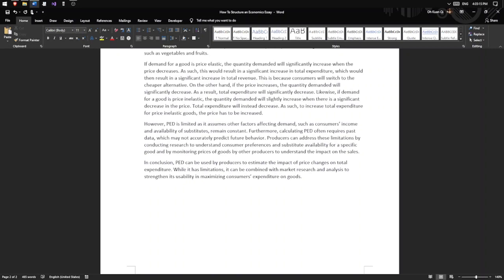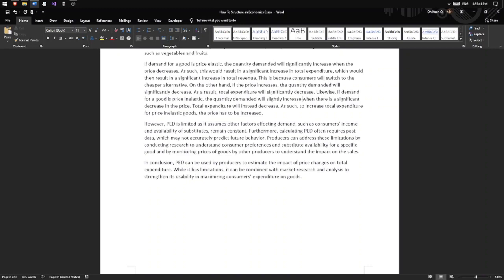Because for price inelastic goods, let's say for example there is a 25% decrease in price, there's only, let's say, a 10% increase in the quantity demanded, and because of this, your total expenditure will decrease because it's less than 1.